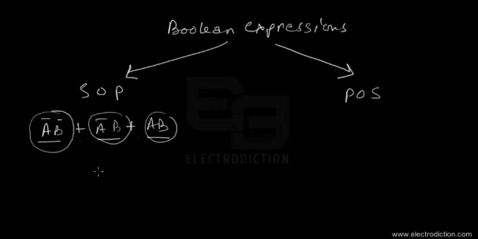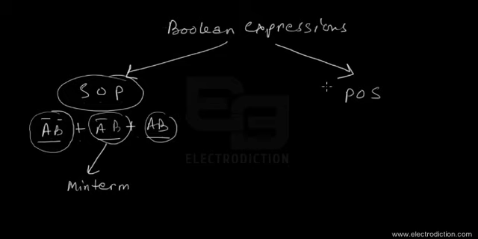That's the format of the sum of products expression. Each of these groups is referred to as a minterm in the SOP form of representation of Boolean expressions.